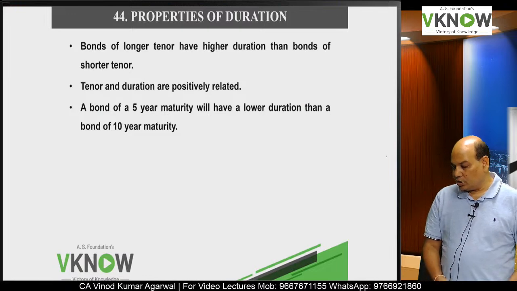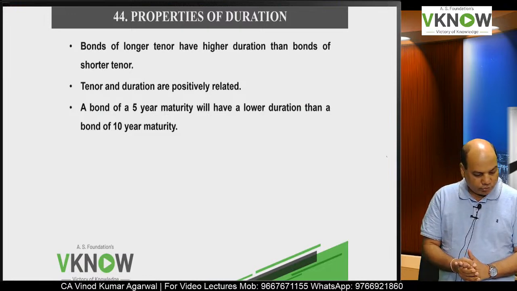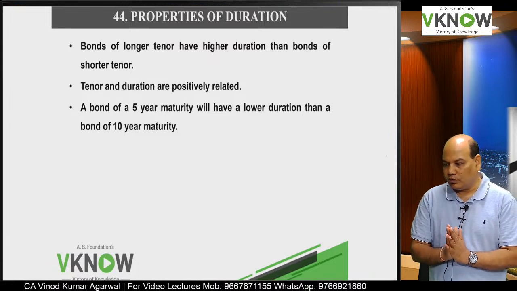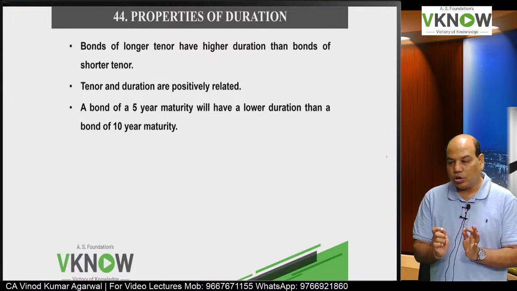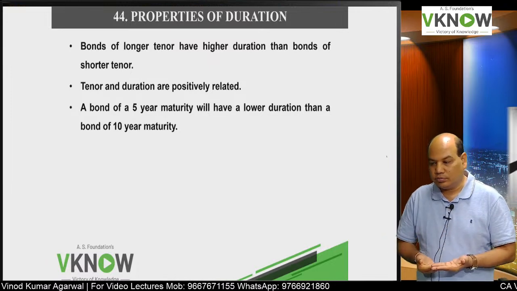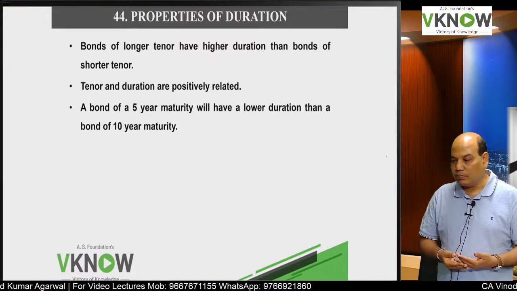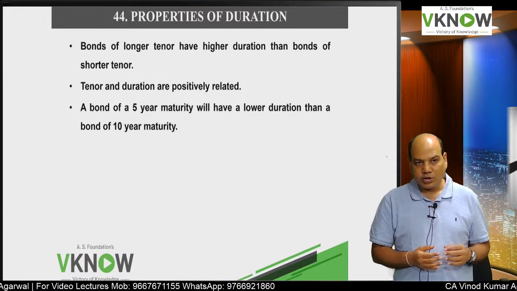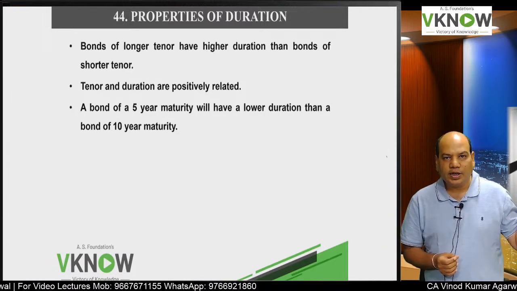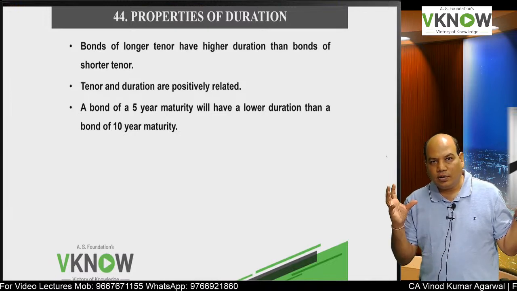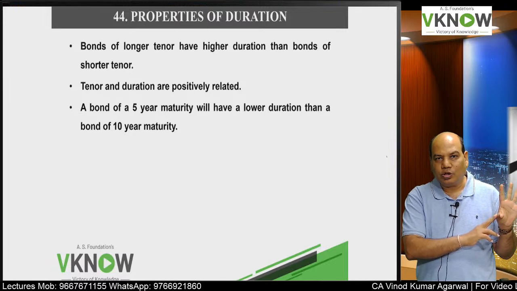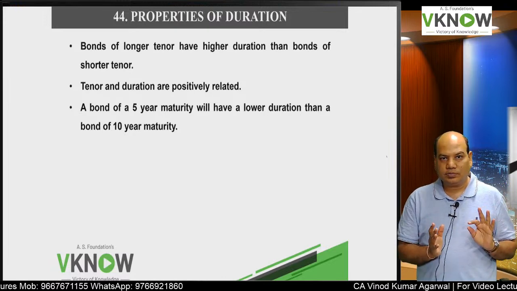Okay. Now the next property, which is in the form of question number 44. It is a property of duration. Bonds of longer tenure will have higher duration than bonds of shorter tenure, which means that if one bond has 10-year maturity and one has 5-year maturity, the one which has 10-year maturity will have a higher duration.